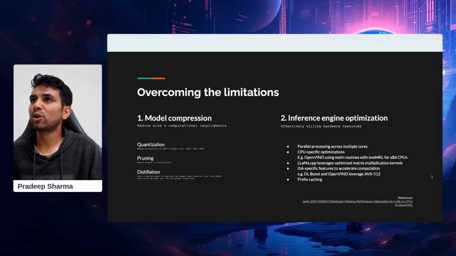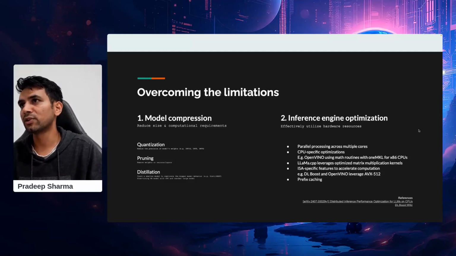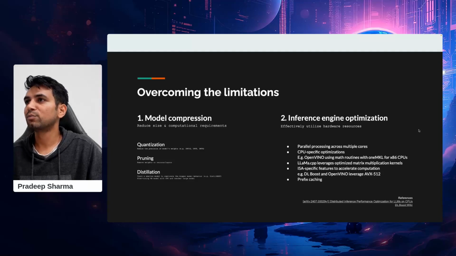So this is the model computation, and then inference. What kind of things can you do in an inference engine? You can first leverage all the cores that you have available and add some CPU-specific optimizations.